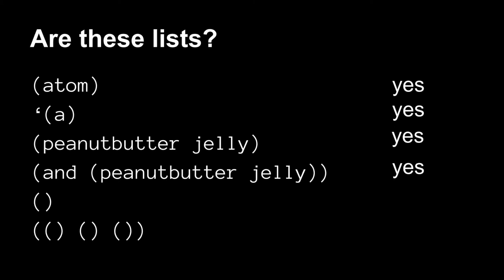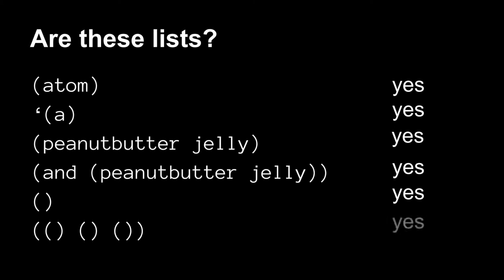So here's something rather more interesting. The next thing is a list, or is it not a list? The answer is that it is a list. It's just an empty list. So what does that make the next thing?